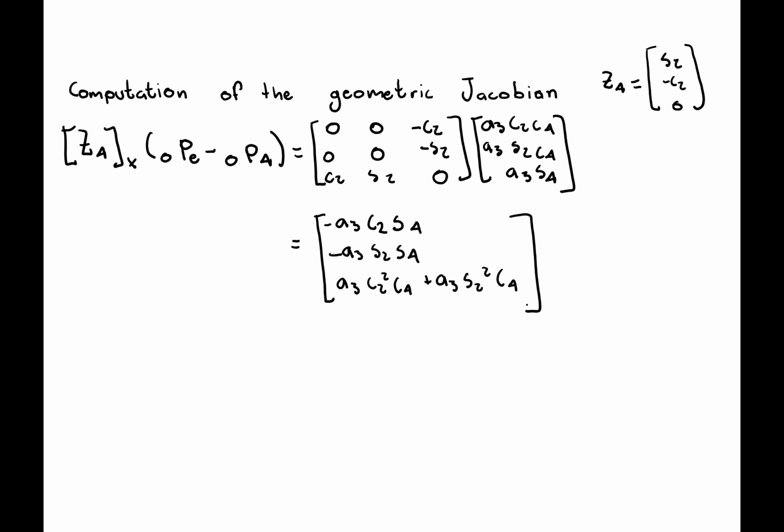Okay, excuse me, maybe there is also a minus d1 in the x coordinate of the vector 0pe. Let me check, because 0p4 is a1 plus d1.